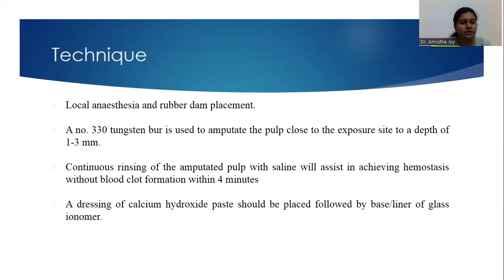After isolating the tooth using a rubber dam, a clean surgical field should be maintained, and we have to remove the carious part or traumatically exposed part, and a number 330 bur is used to enlarge the exposure site. And once deroofing is done, we should remove the superficial layer of pulp tissue, that is, up to 1 to 3 mm depth into the coronal pulp chamber.